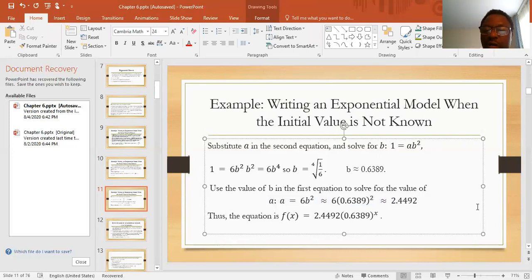So the equation of this exponential function is now f of x equals 2.4492 times 0.6389 raised to the power x.